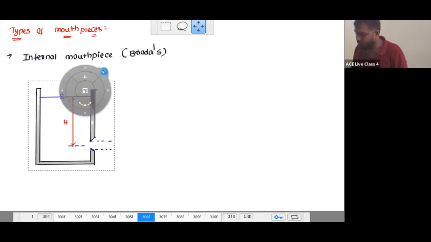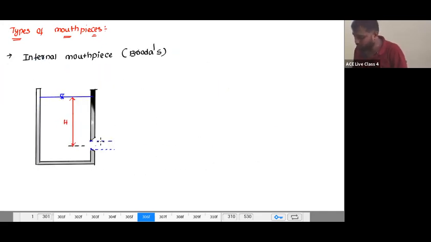So in the case of the internal mouthpiece, if this is the figure, external means I have provided it outside. Now internal means it is inside, so this is the internal mouthpiece.